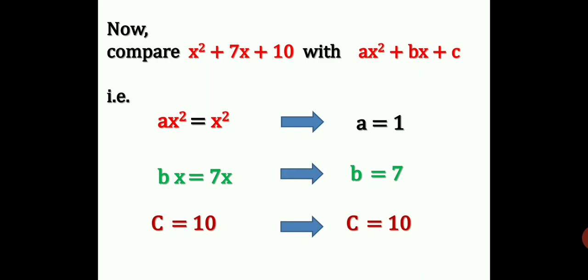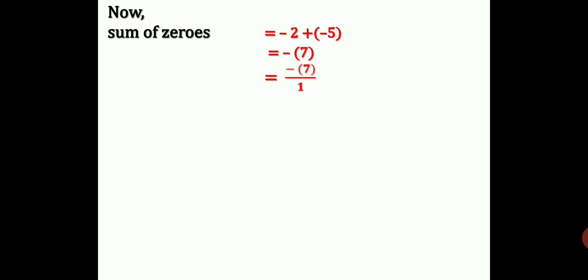Now the two zeros, alpha and beta, are minus 2 and minus 5. Check it, the sum of the zeros: minus 2 plus minus 5. That is minus 2 minus 5, that is minus 7. We can write minus 7 by 1. Now what is the value of a?